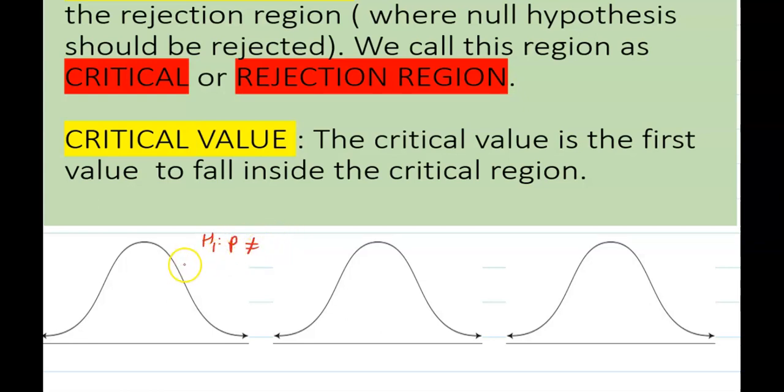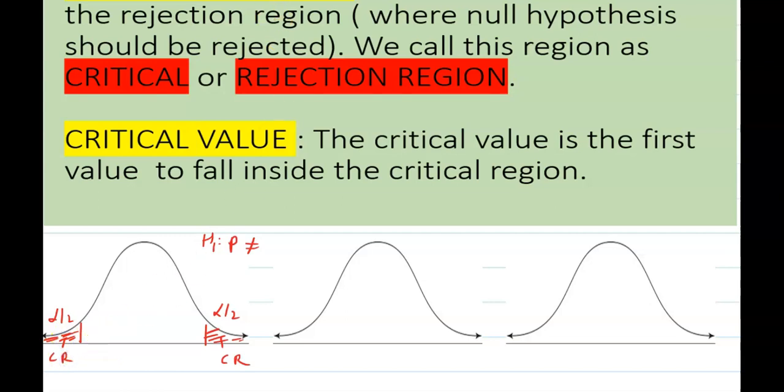Here, if the significance level is alpha, we divide it by 2, so alpha by 2 will be here and alpha by 2 will be here. This red region is called the rejection region, or critical region. We can write CR for critical region here, and this is also a critical region.